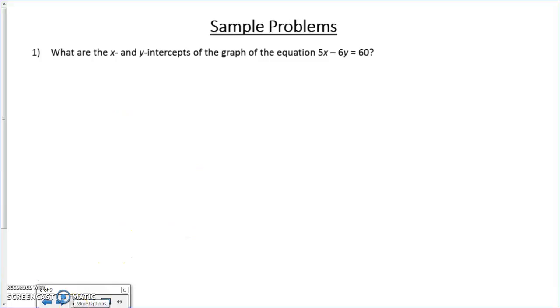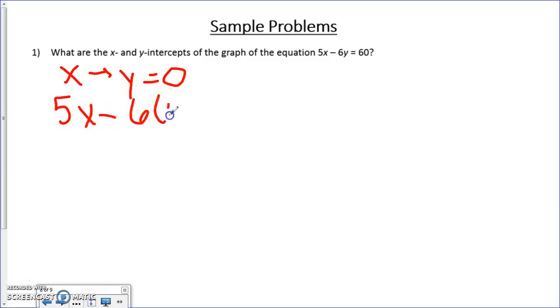Let's go do a couple sample problems. Number 1. What are the x and y intercepts of the graph of the equation 5x minus 6y equals 60? So for the x-intercept, y equals 0. So we'll have 5x minus 6 times 0 equals 60.